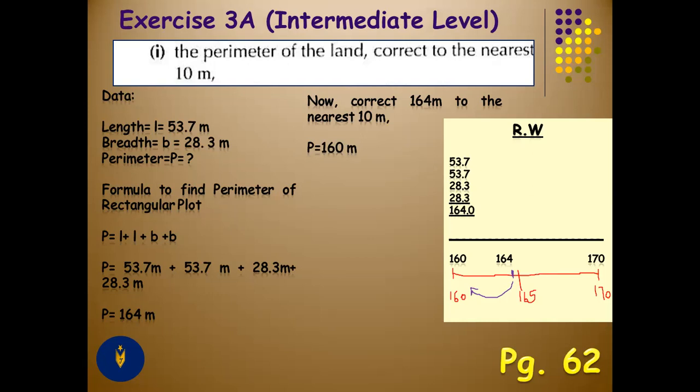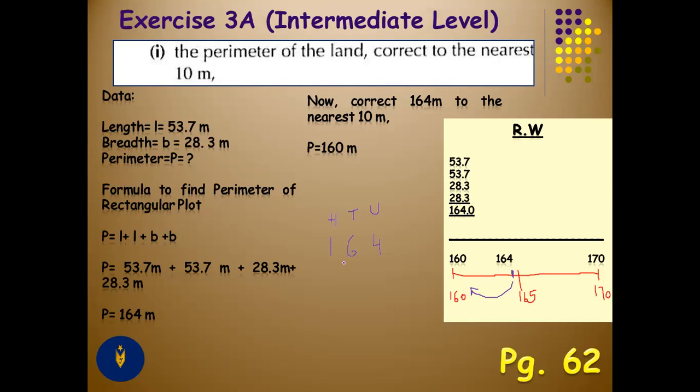If you are confused by this method, you may use the other method. I will use it here. Take 164 and assign its places: unit, 10, 100. You have to correct this value to the nearest 10 meter.